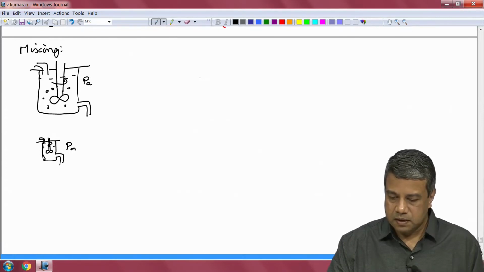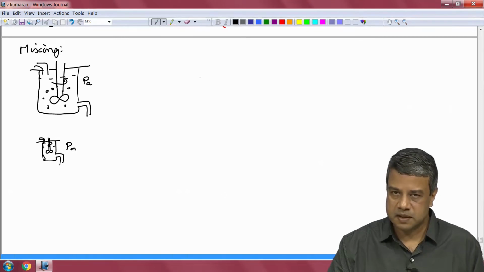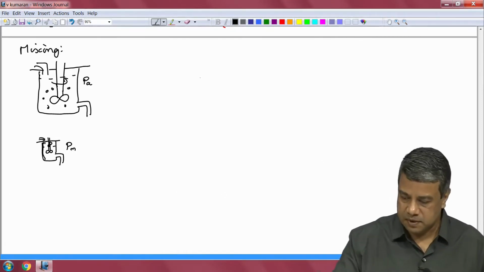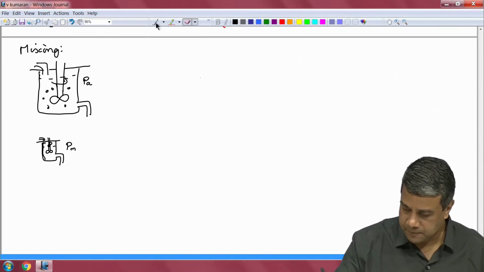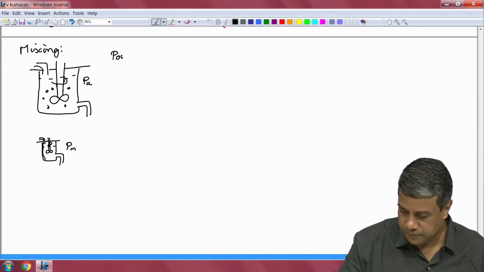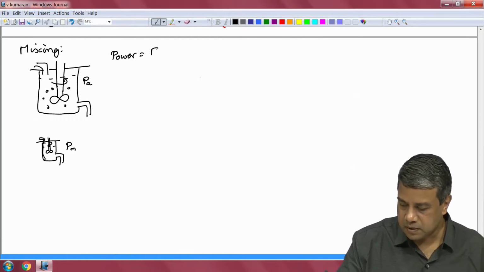Now, rather than using the power itself, it is preferable to use a dimensionless power. So, the dimensionless power, the power, if you recall, is equal to energy required per unit time.